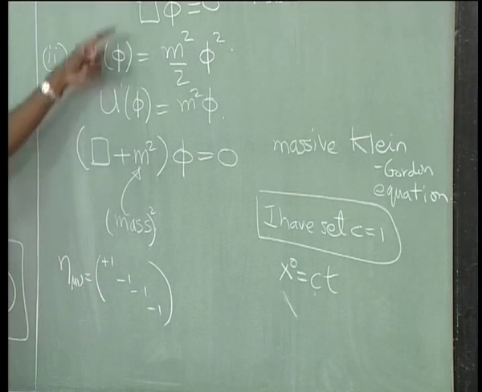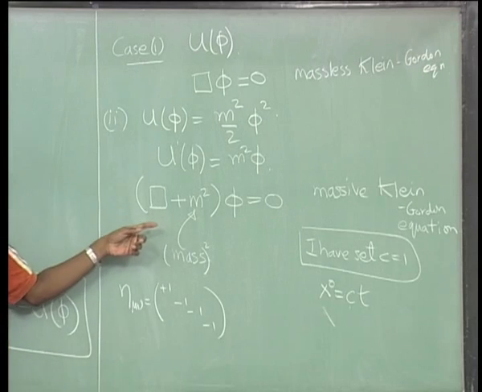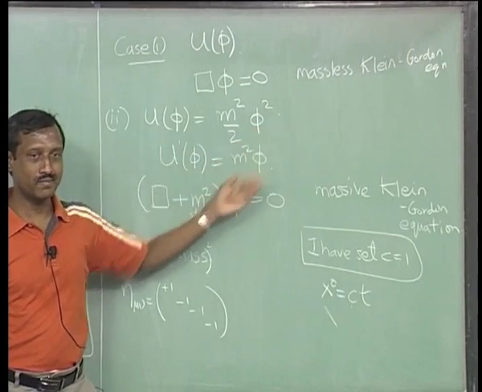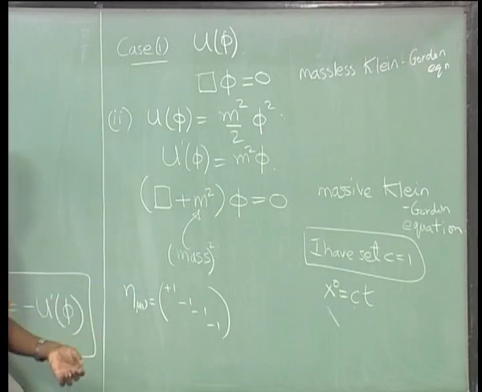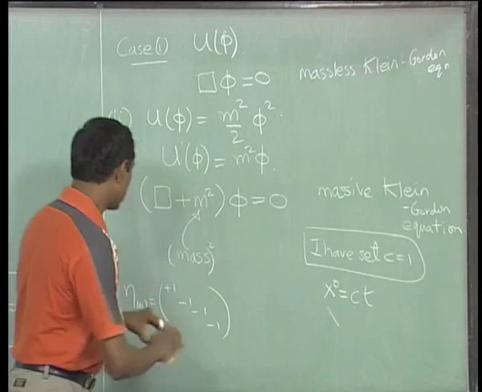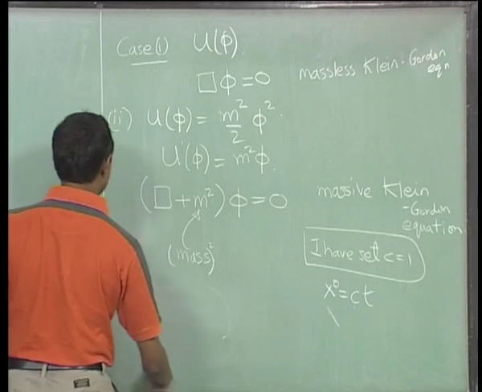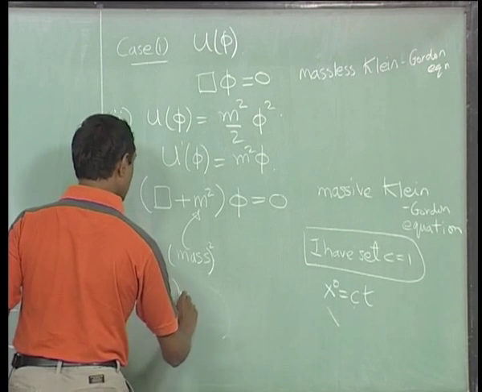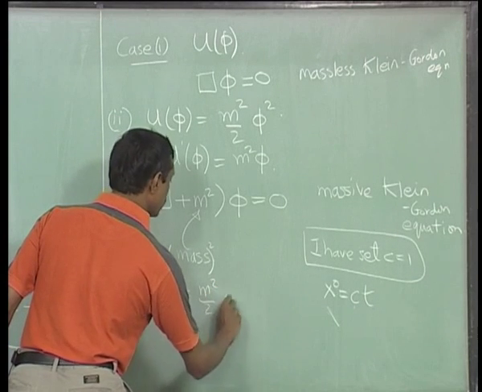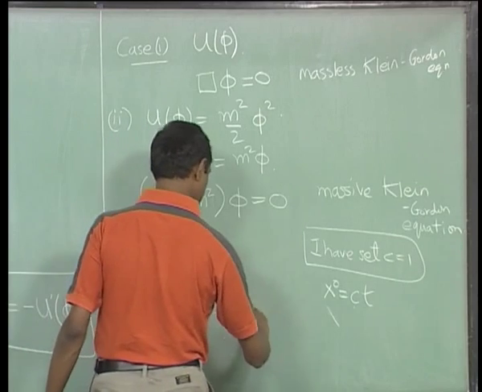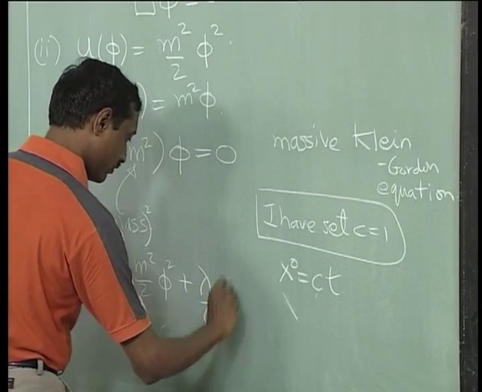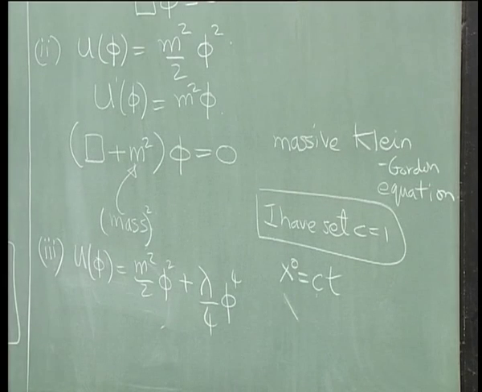So, these two equations are nice, they are linear. If I have a potential which is quadratic, then I am guaranteed to have a linear equation. But we could try more general things. Suppose we took u of phi to be m square upon 2 phi square plus lambda by 4 phi power 4, some quartic interaction.